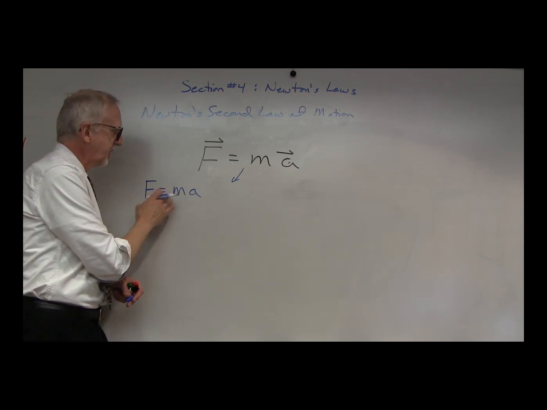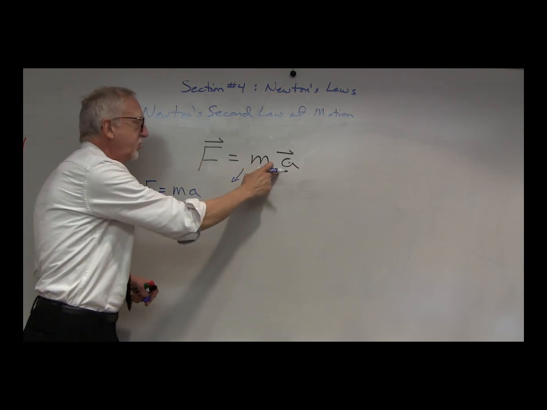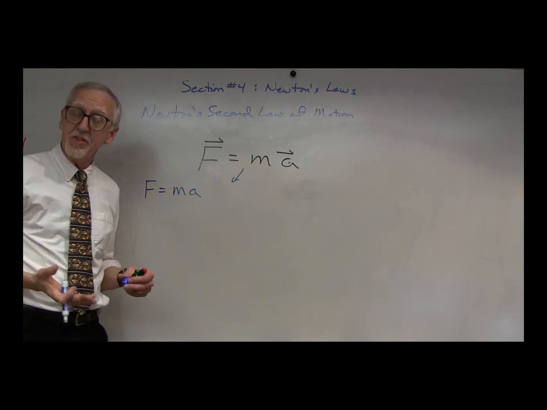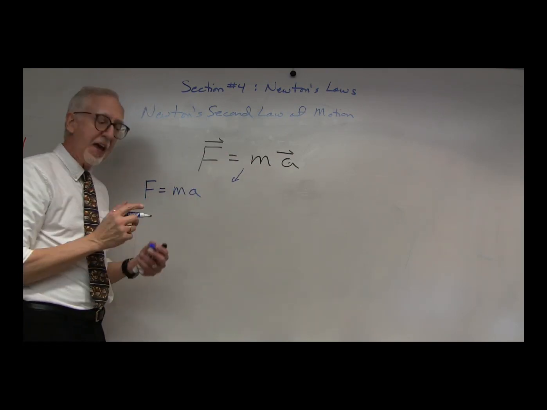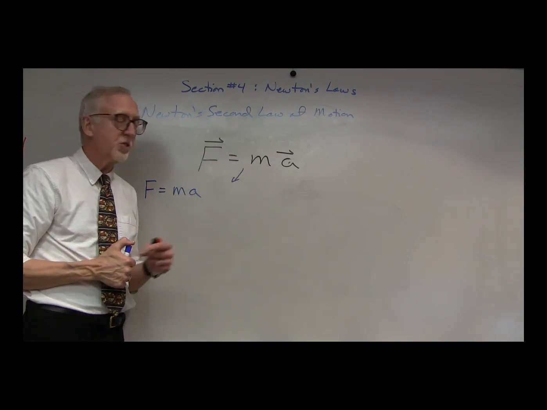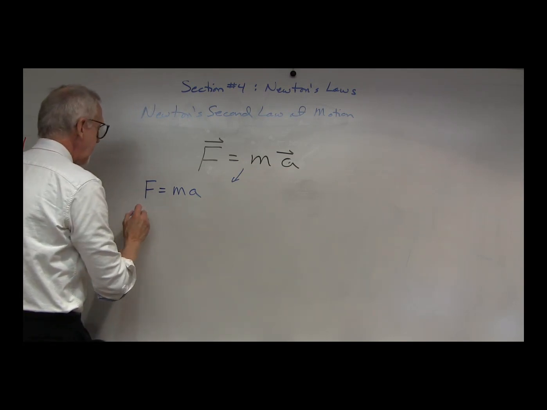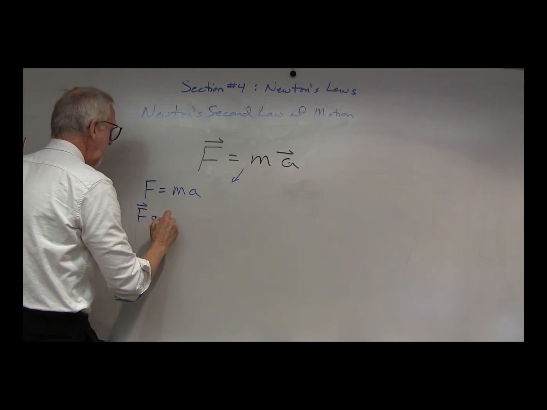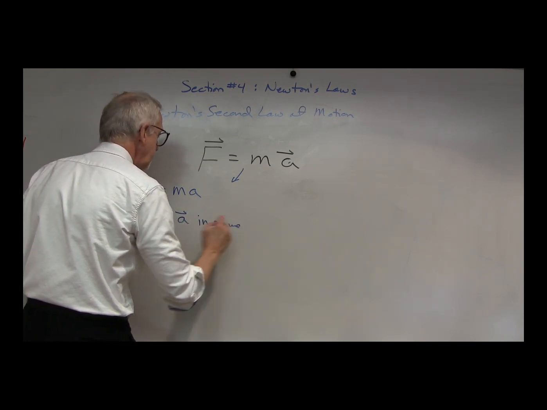So this tells us something about the size of these quantities. Also, if these two vectors are equal, they must not only have the same magnitude, they must be in the same direction. M is just a scalar, and it is a positive scalar, so it can never change the direction of the acceleration. So this tells us that F and A are always in the same direction.